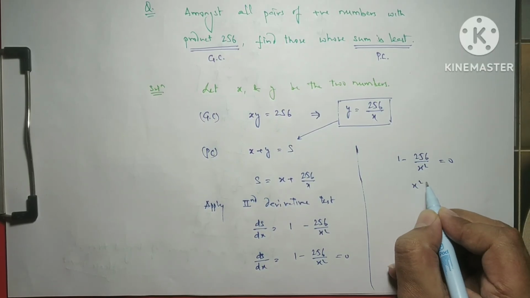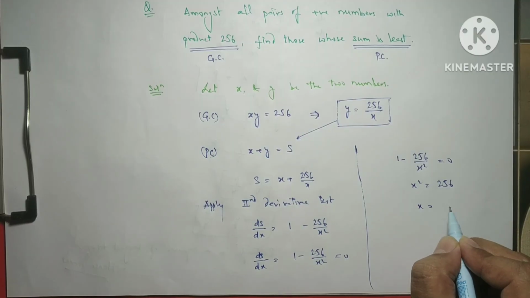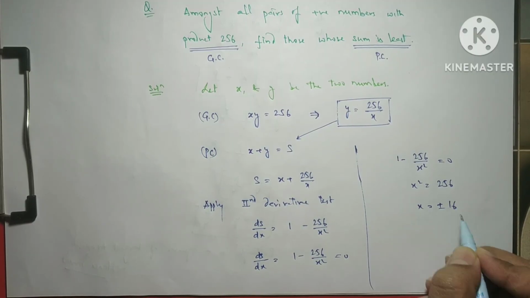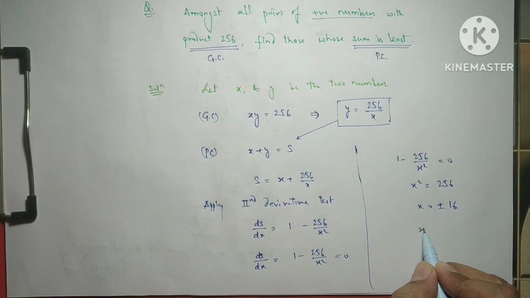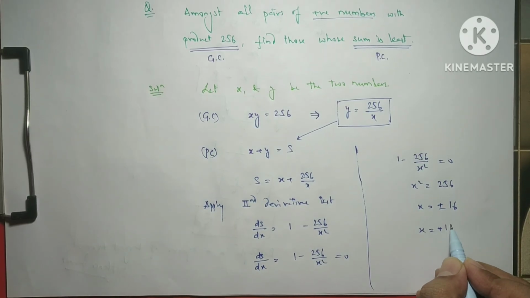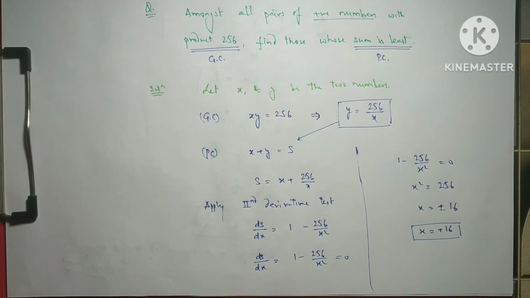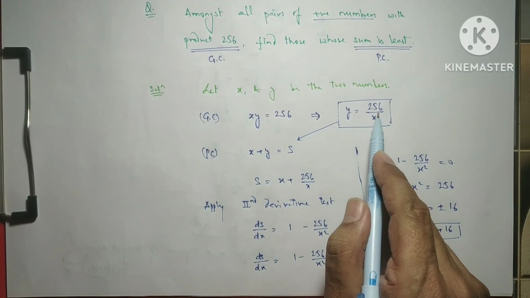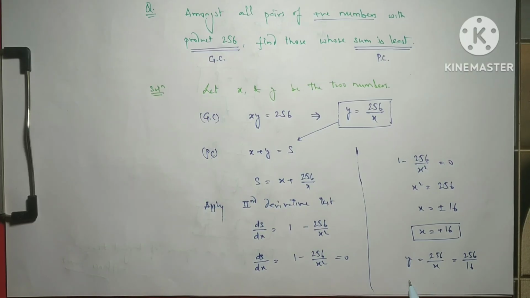So x square equals 256. So x is plus minus 16. But we want the positive numbers, so we will consider x as positive 16. Means y will be 256 over x. So it is 256 over 16. So y will be 16.